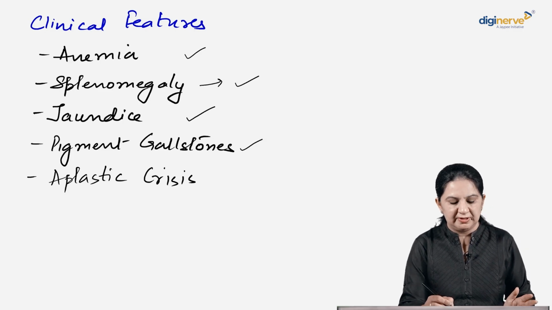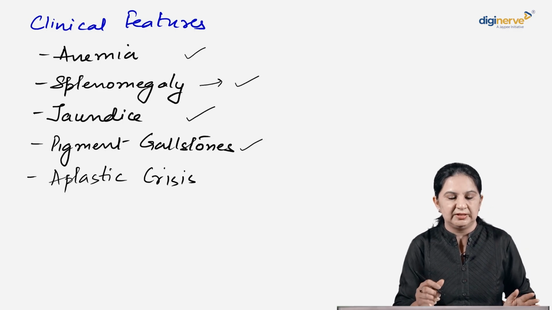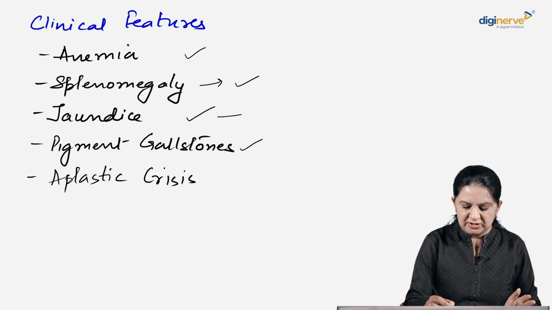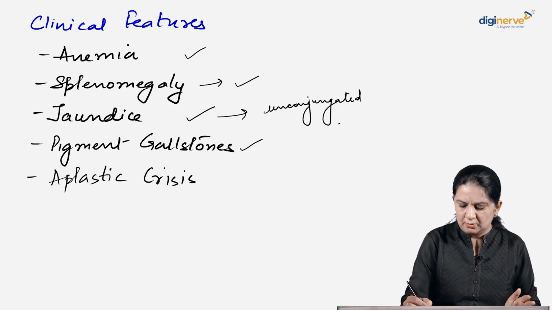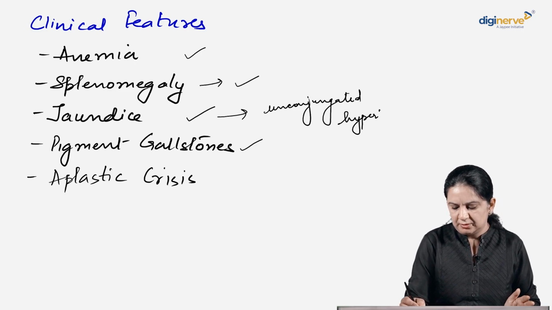Splenomegaly, jaundice, and pigment gallstones is a characteristic triad found in hereditary spherocytosis. Also, this jaundice is unconjugated hyperbilirubinemia.